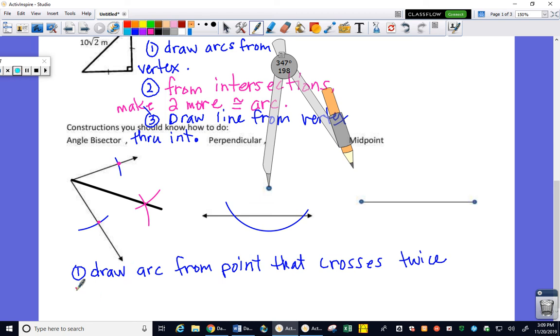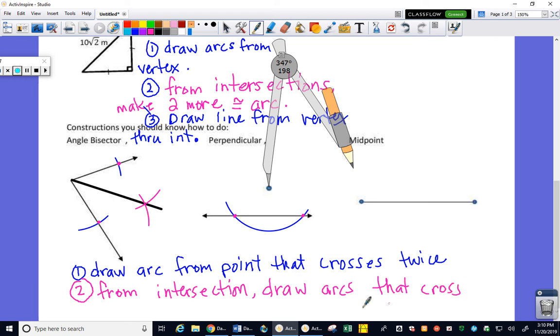The next thing we do, once again, is find these points of intersection. So we make these arcs so we can find these two points. From your intersections, we draw arcs that intersect above and below. That has to cross above the line and it has to cross below the line.